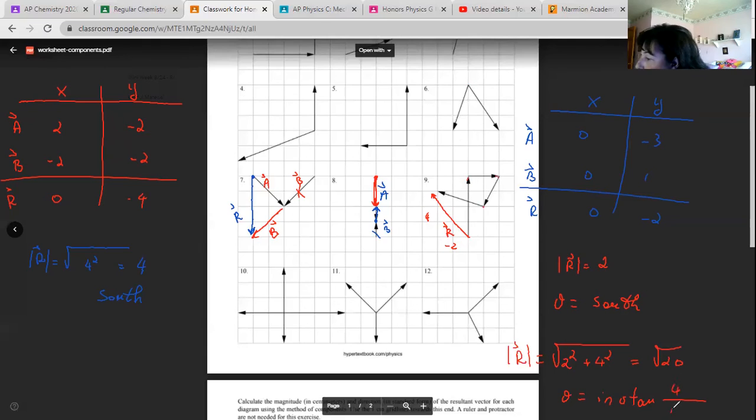So 4 over 2, which is equal to 2. So we are looking at this angle here. The inverse tangent of 2 is going to be 63 degrees. So theta is going to be 63 degrees, and the direction is, if it is this one, going to be north of west.